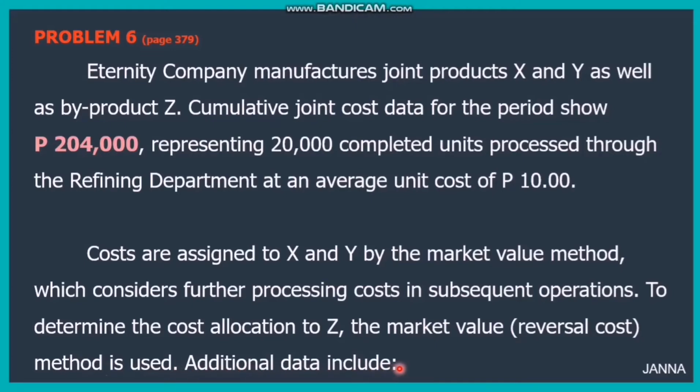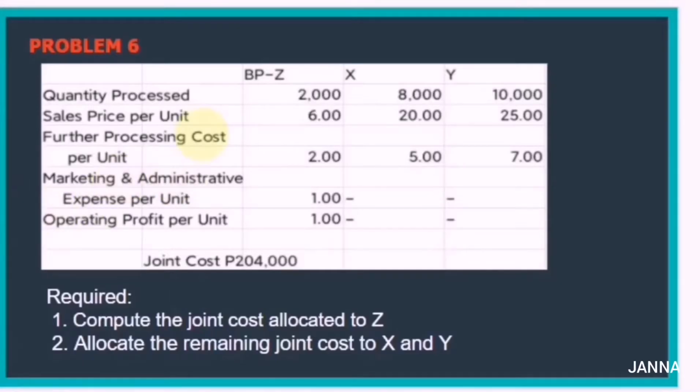Additional data include quantity processed by product Z, 2,000, product X, 8,000, product Y, 10,000. Sales price per unit by product Z, 6 pesos, product X, 20 pesos, product Y, 25 pesos.